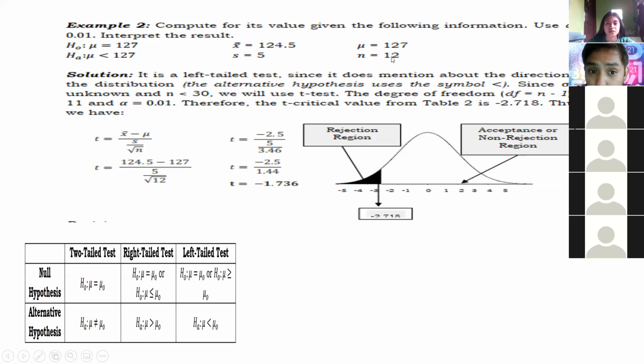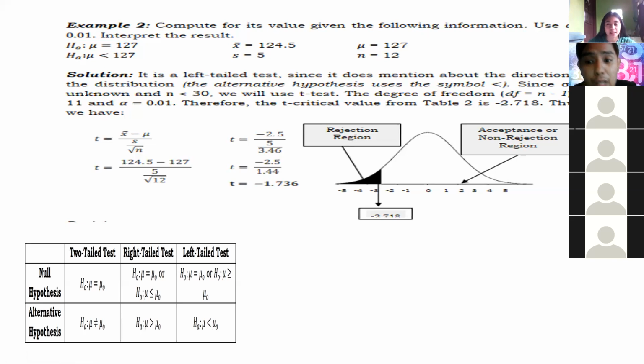Okay. Ngayon, tingnan natin yung given. n is equals to 12. So, ibig sabihin, ang gagamitin natin ay hindi pa sure. Tingnan muna natin anong given. Ang given natin ay, ang mean ay 124.5 for the sample. The population mean is 127 and our sample standard deviation is 5.